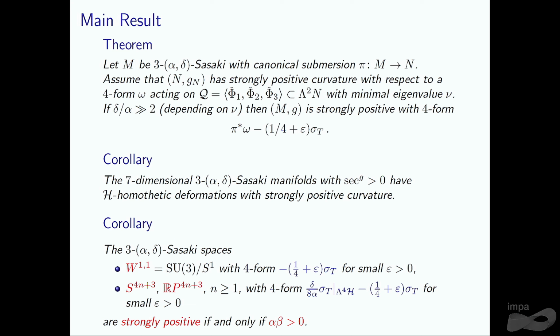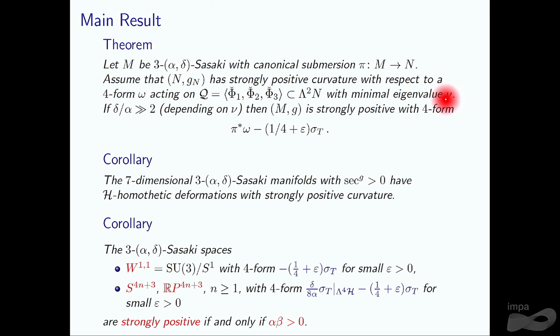So, suppose you have a 3-alpha-delta Sasaki manifold, canonical submersion pi to the quaternionic Kähler base as before, and assume that the base has strongly positive curvature with respect to some 4-form omega, right? And suppose that this 4-form omega acts on the distribution spanned by the 3 almost complex structures with minimal eigenvalue nu.